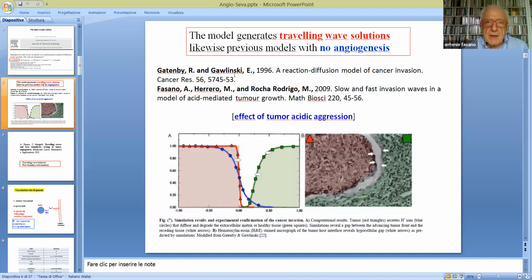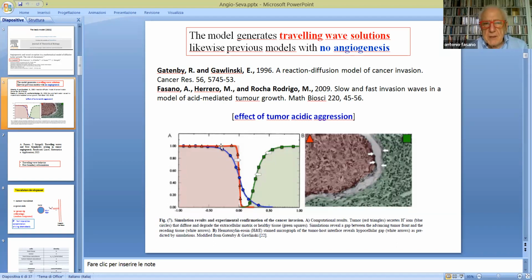And so Gawlinski formulated a mathematical model, including the host cells, this green line, the tumor cells, the red line, and the concentration of H plus ions, of protons, say the pH of the medium, and they found a nice traveling wave behavior.